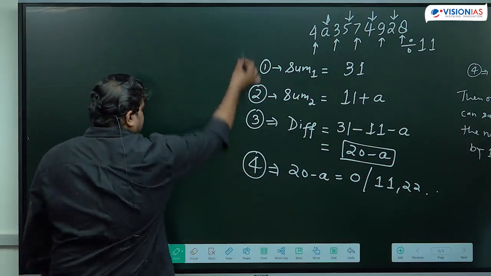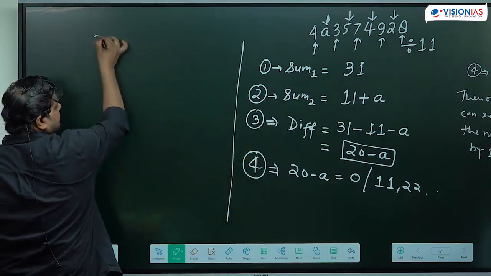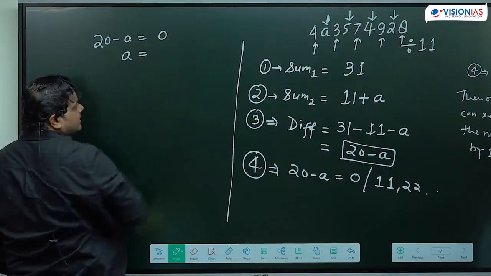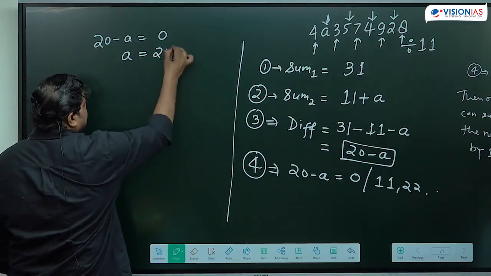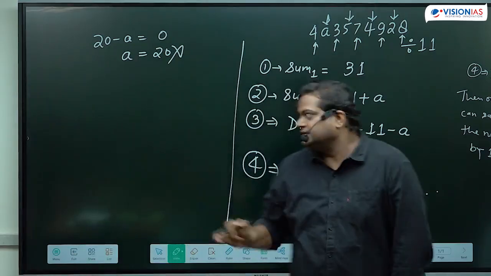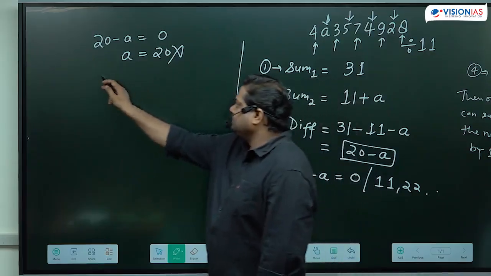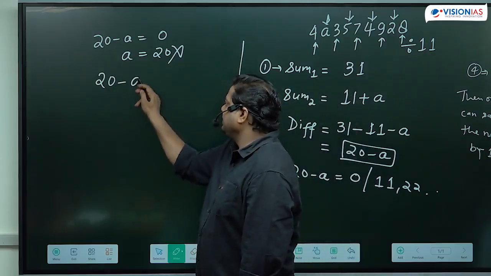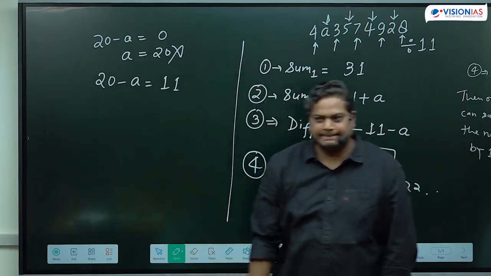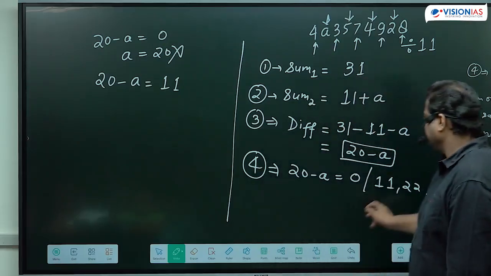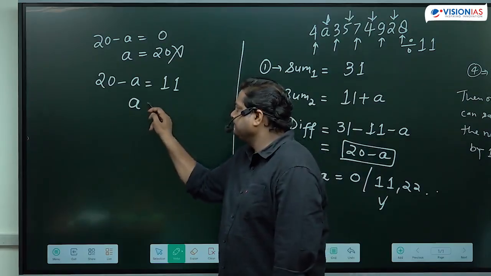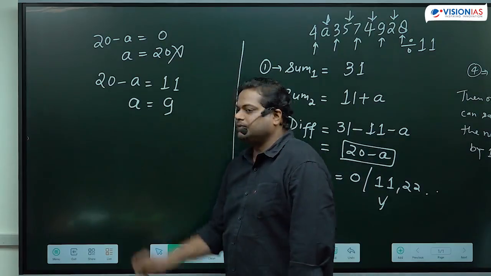If the first thing we take कि 20 minus A is equal to 0, what value of A we are getting? 20. But this cannot be our answer because A is a single digit. After then what we can do? 20 minus A we can take it is 11. ले सकते हैं, पहला यही लेंगे. Then what will be the value of A? 9.